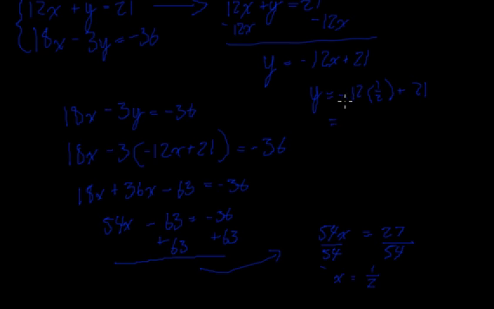We take 1/2 of 12, and we get negative 6. So now we have y is equal to negative 6 plus 21, and that results in 15. We know that y equals 15, and our solution set is x is equal to 1/2 and y is equal to 15. And we are done.